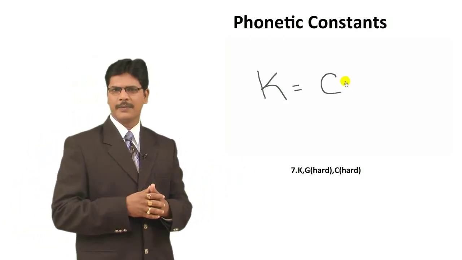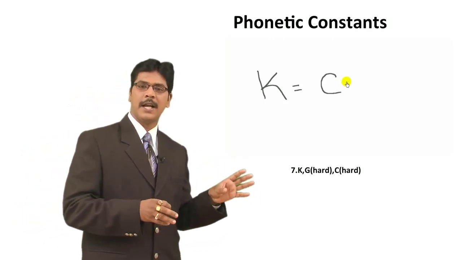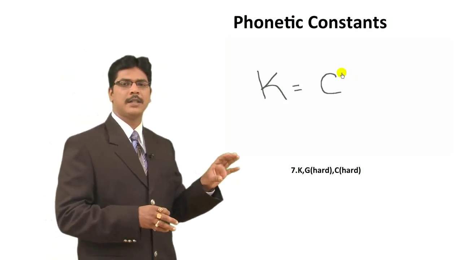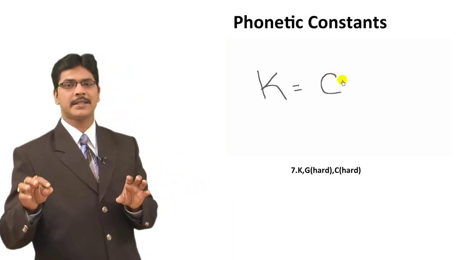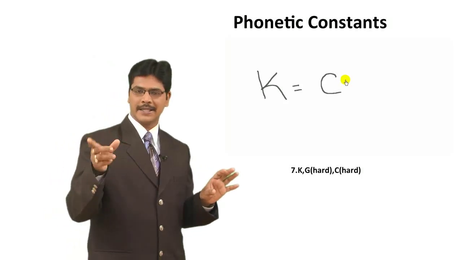K's are very little. For K, we use C. Again, C is giving two sounds, mind you. One is K, the other one is S, like in cyanide, cinema, cylinder, cyclone. The C sounds like S.